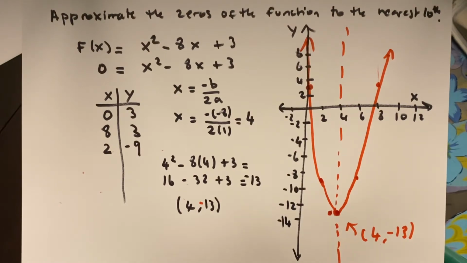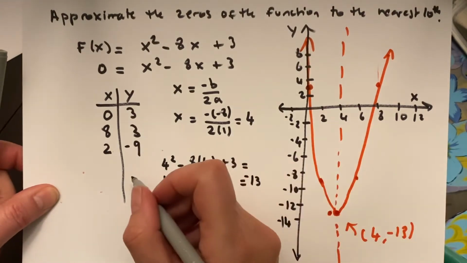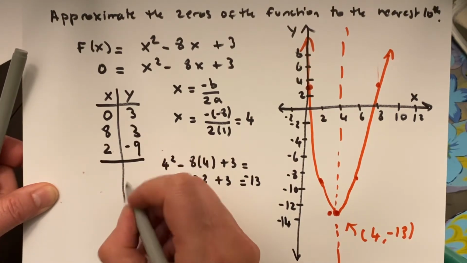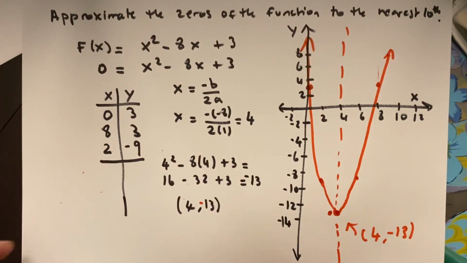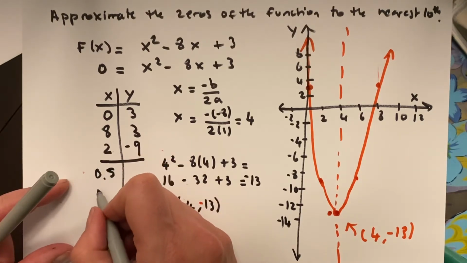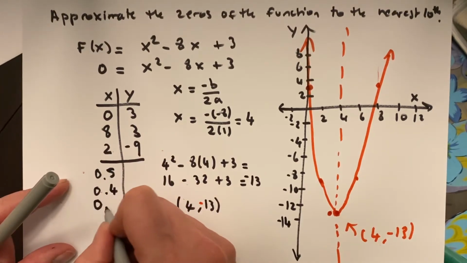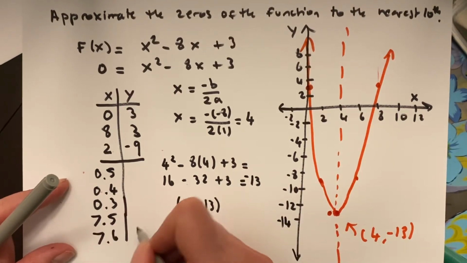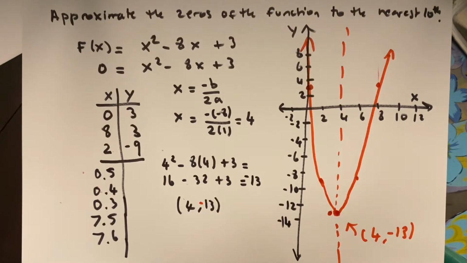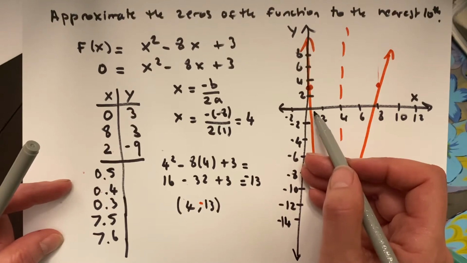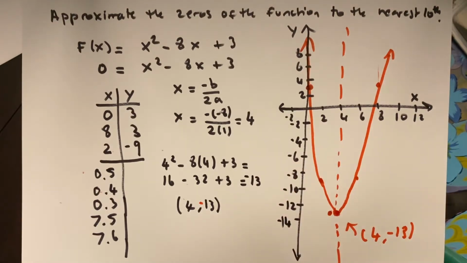So I'm going to try and draw my table, and I'm going to approximate using my calculator what would happen if x is 0.5 and 0.4 and 0.3, and on the other side, 7.5 and 7.6. And I want to see how close y gets to 0, because when y gets very close to 0, I know I'm almost there. So let me grab my calculator.